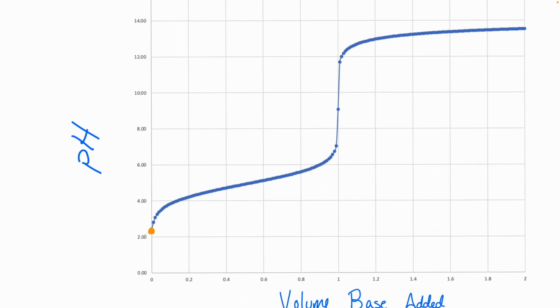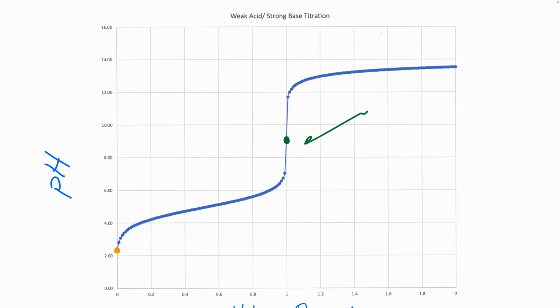All right, so now we're going to move to region 2 here. This is before we get to that equivalence point. We also have that equivalence point, so I guess we could just put that down here. All right, and our equivalence point means the exact same thing.